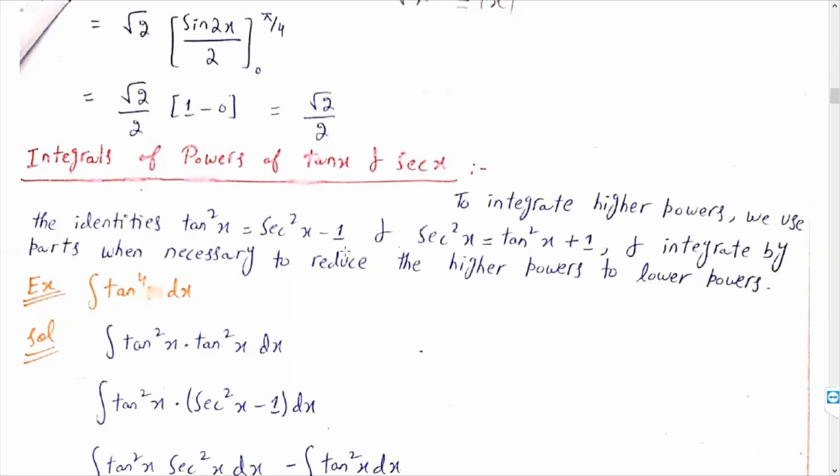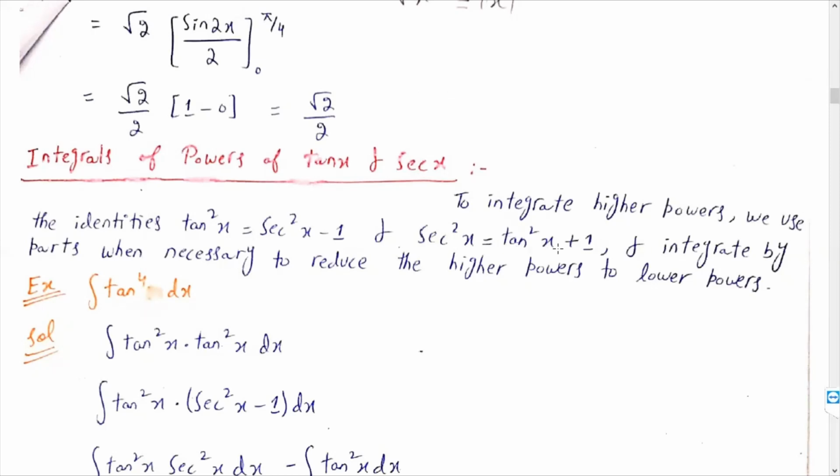Then substitute u equals secant. Likewise, if n, the power of secant, is even, then one can simplify every secant squared as 1 plus tan squared. The substitution u equals tangent will then work.